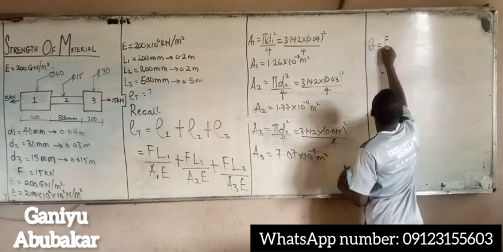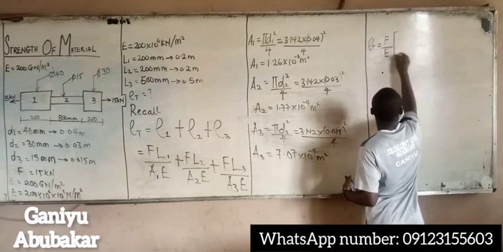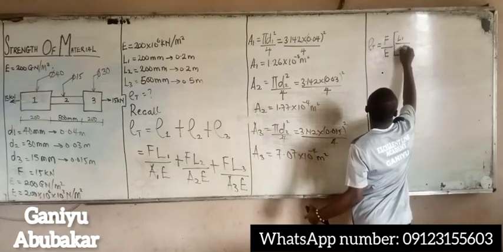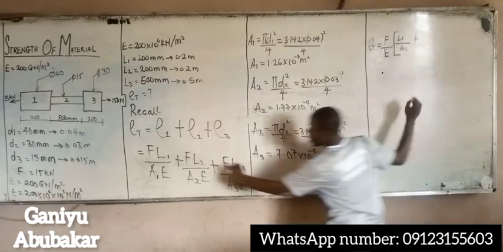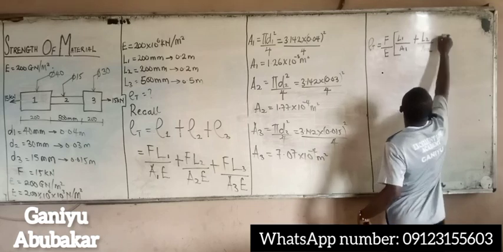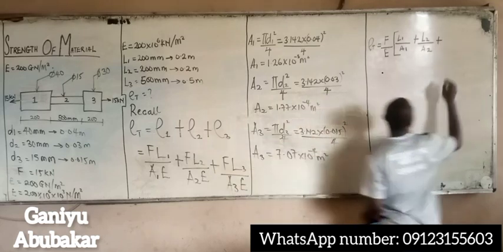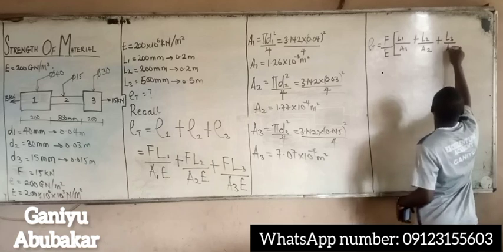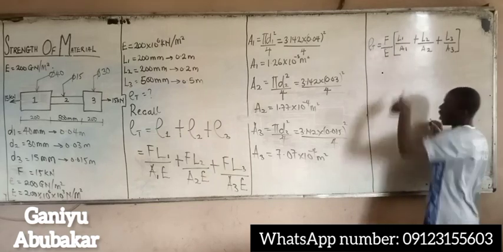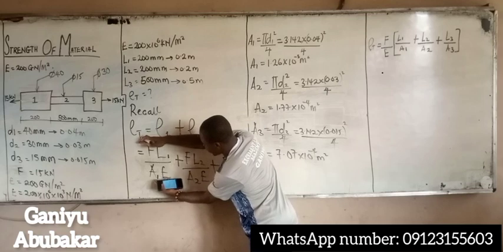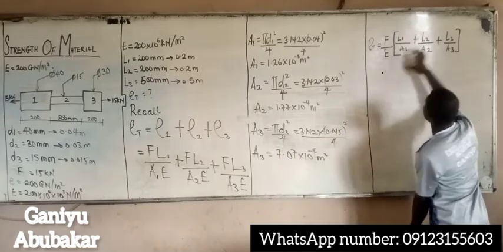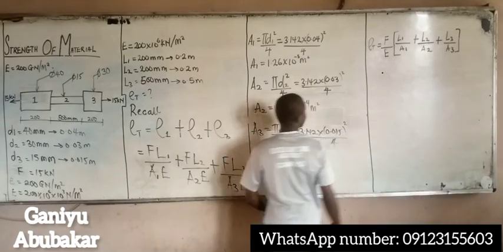Bring out F and E, all into L1 over A1, positive L2 over A2, plus L3 over A3. Observe please, if I multiply F over E times L1 over A1, I will have F L1 over A1 E. If I multiply this with this, I'll have that part in the middle. Multiply this with this, I'll have this, which is still correct.